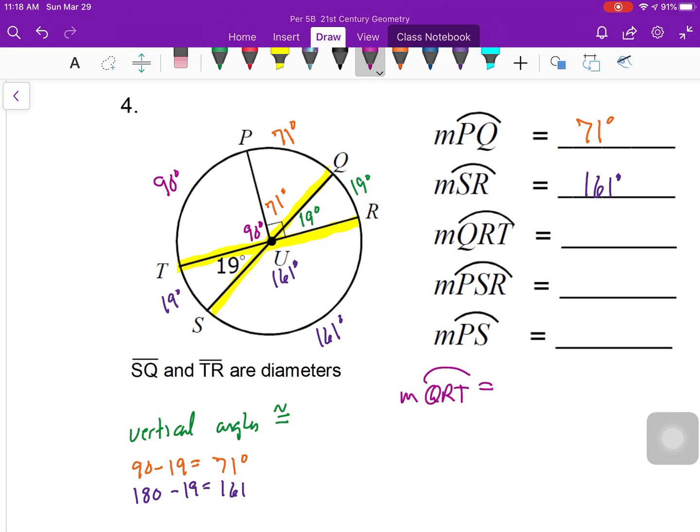Well, QRT is going to be 19 plus 161 plus 19. That's 199.